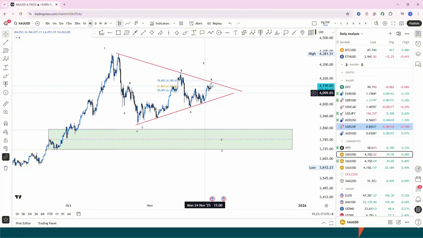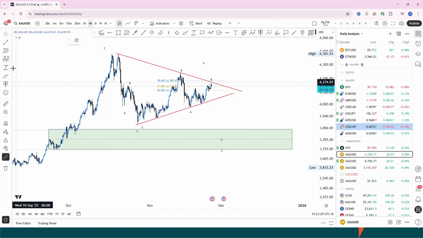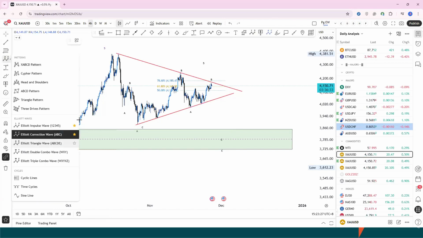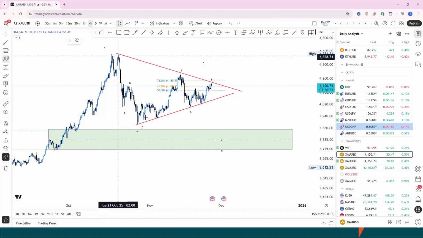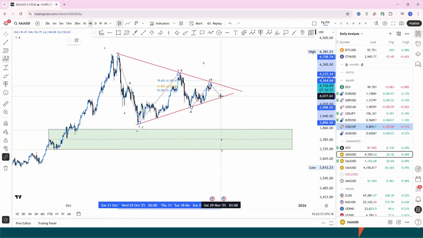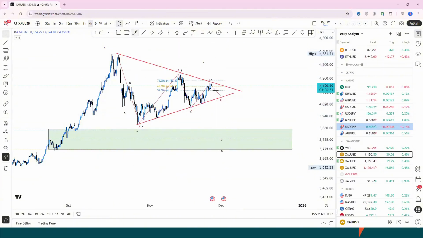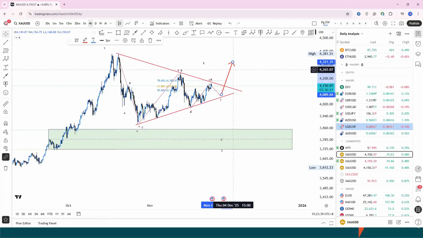A, B, C, D, E, and then go up. Which is A, B, C, D, E. And from here, we go above. Which should look something like this.